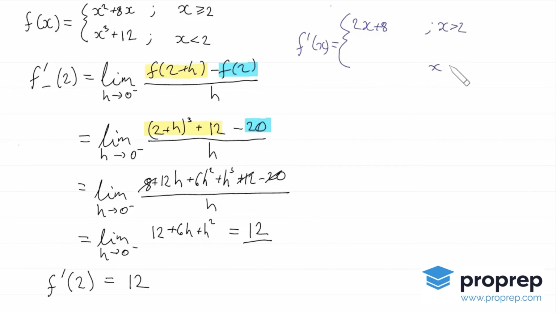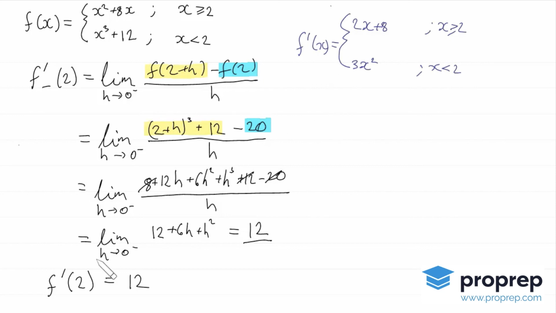And there was also no doubt that for x less than 2, this thing is differentiable as usual with the formula. 3x squared is all we get here. The only thing we had a problem with was 2 itself, and that we found was 12. And funnily, or not funnily, it turns out to be equal to both of these when x is 2, so we can pick. But since this was in this form, I'll put the equal sign over here. So here we have a nice formula for the derivative.